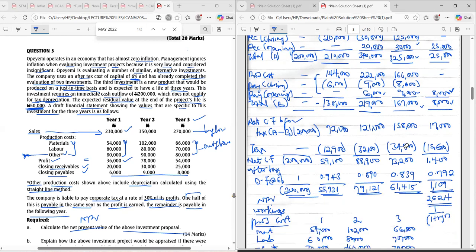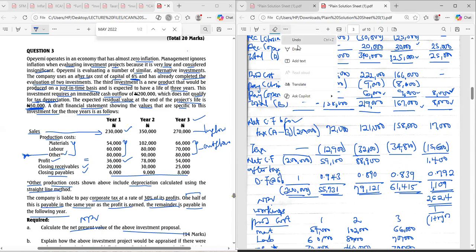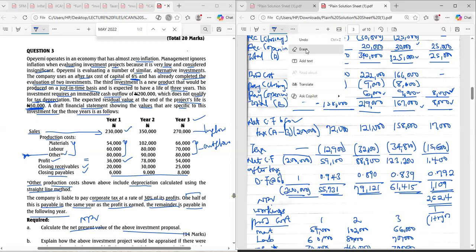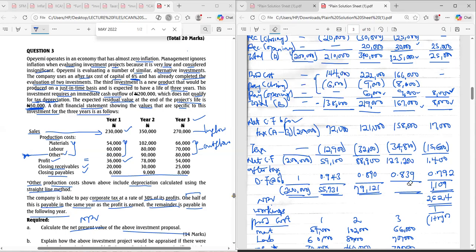Now, subtract this 34,800. So you see, 1, 2, 3, 200. Now multiply by 0.839. So 103,365. Now add up all the positives and deduct this negative.